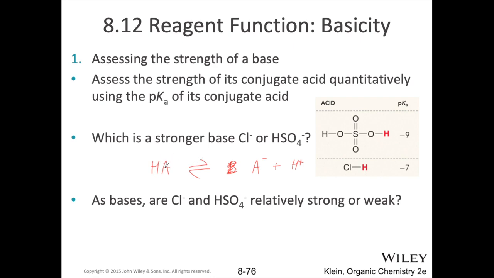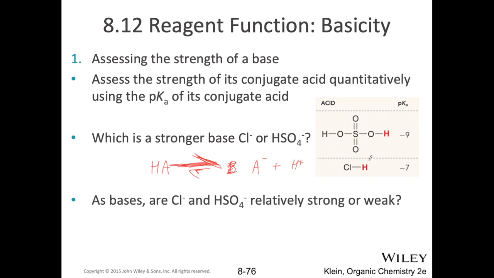But if HA is a really strong acid, notice that A minus is a worse base. So the more acidic HA is, the smaller and worse that reverse reaction is, the worse of a base you're dealing with. So that's something to keep in mind. The better your acid, the worse its conjugate base.